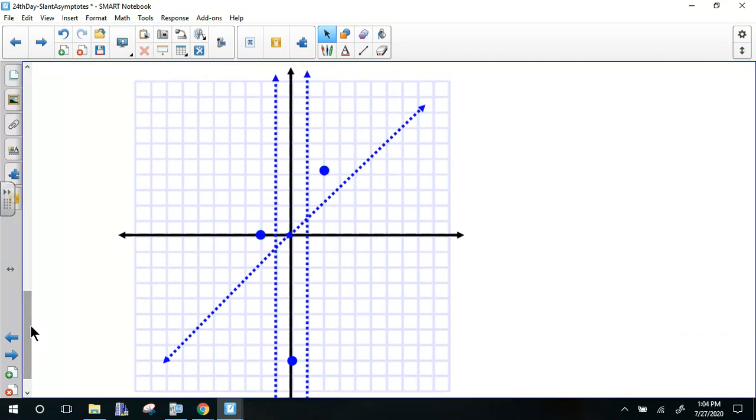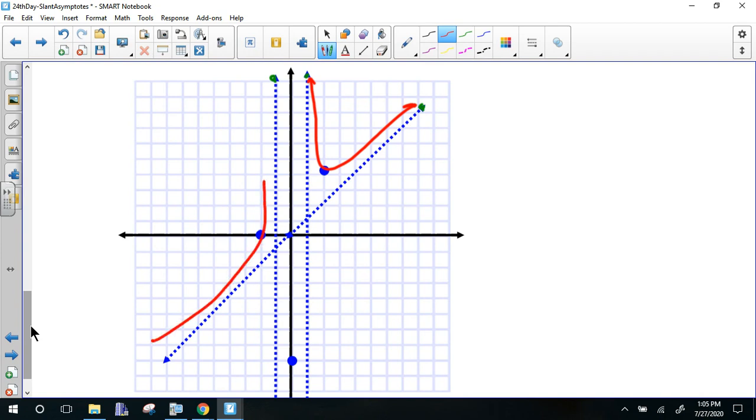Here are all my asymptotes drawn. These are my two vertical asymptotes right here. Here's my slant asymptote, y equals x. And I've plotted some points to show you what the graph would look like. There's a portion of it, and here is a portion of it.